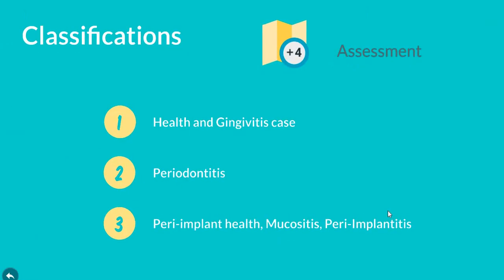The classification includes health and gingivitis cases, periodontitis, peri-implant health, mucositis, and peri-implantitis. After that, I'll show you how to assess a case of periodontal disease.